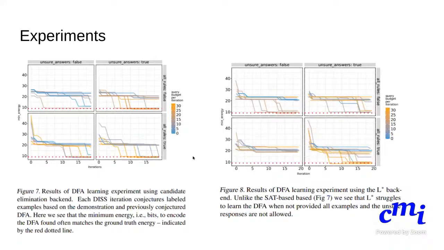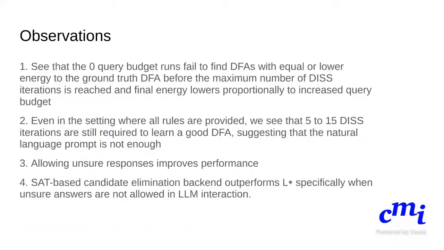They're saying that LLM interaction is very helpful. If we are not allowed to use LLM interaction, then it is difficult to reach the minimum ground energy, or the ground truth energy, that we have defined here.